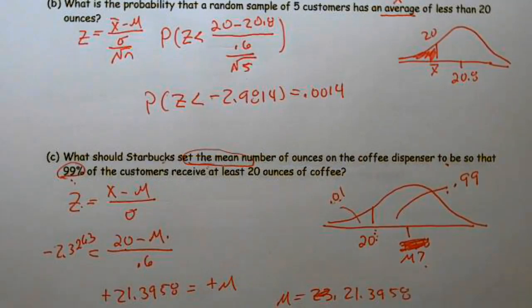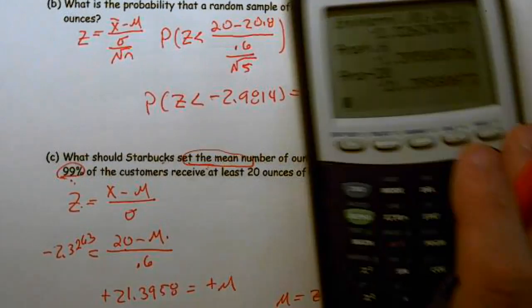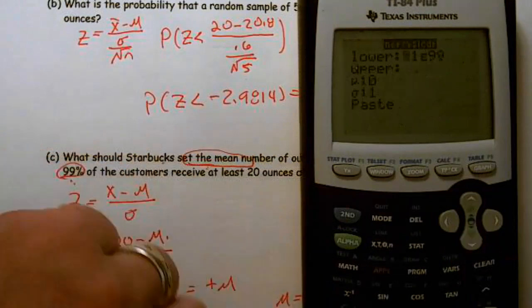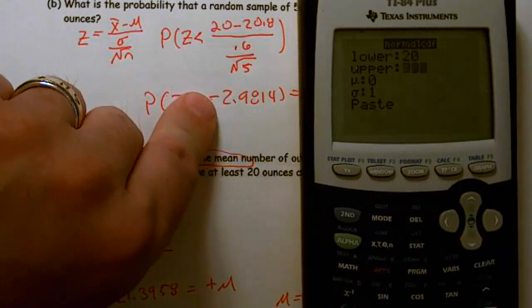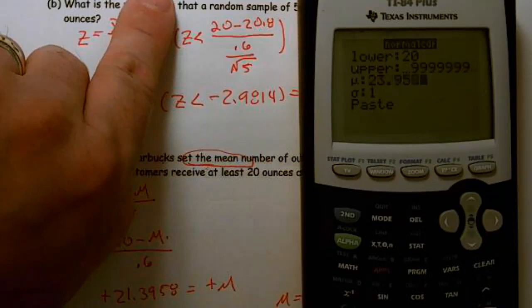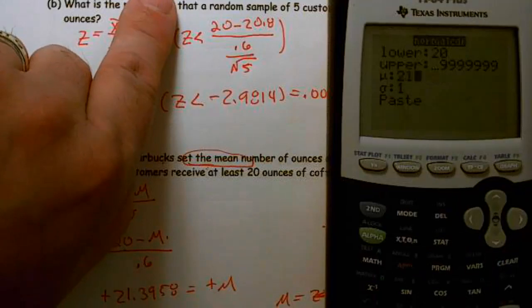And if I wanted to check that out, I could go back through and go, you know what? This is now my new mean right here. Let's do a normal CDF, second vars, normal CDF, lower bound 20, upper bound infinity, mean 21.3958, and a standard deviation of 0.6.